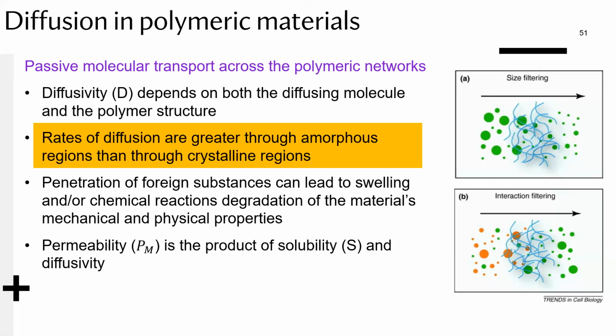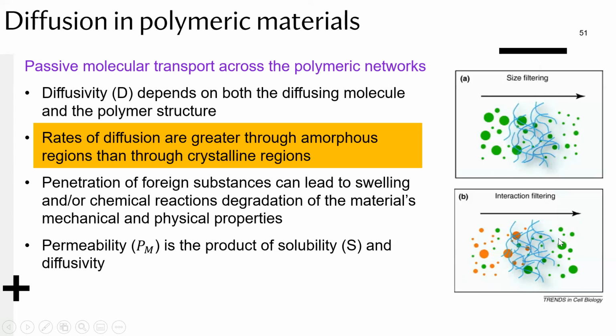Okay, so it makes sense that the permeability is both a function of solubility and diffusivity. So it should be able to, first of all, get in there and, in other words, fill in those pores, and then have the mobility or diffusivity to pass through.